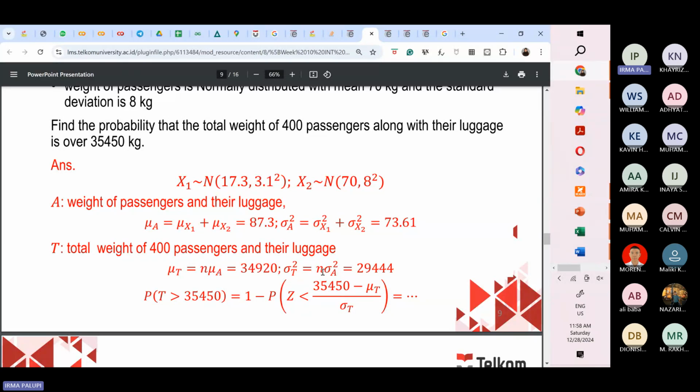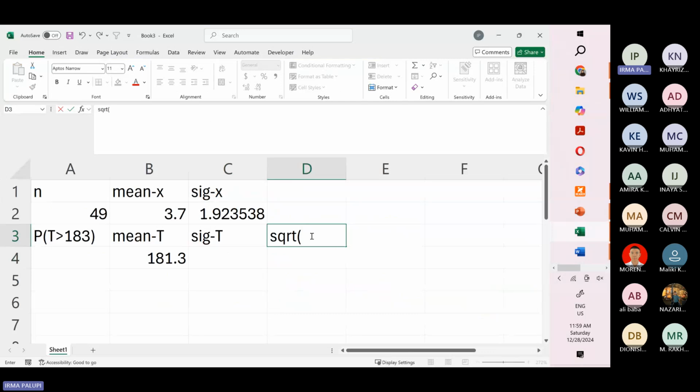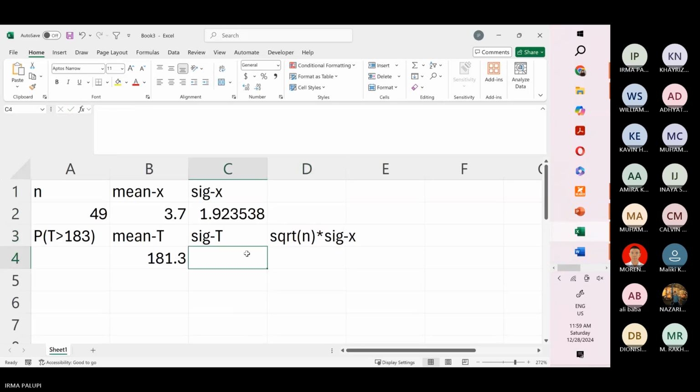And the variance is n times the variance, since the random variables are the same. So the sigma is the square root of n times sigma squared, which is equal to the square root of this one times sigma. So that's the standard deviation for T.